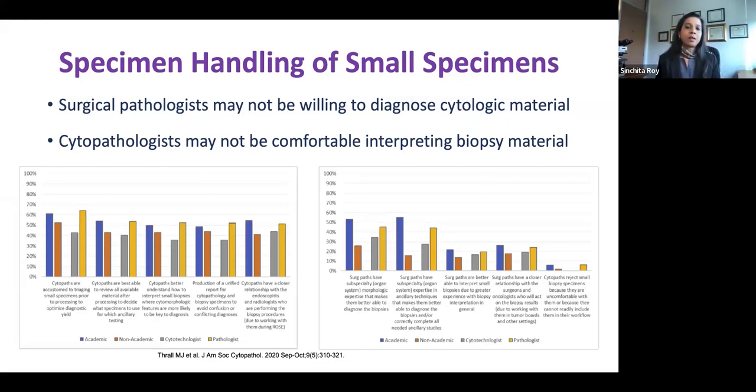The argument is that cytopathologists are used to looking at small material. They're the ones who will be willing to look at the smears. Surgical pathologists may not be willing to look at the smears. They'll only look at the block, like the FFPE block, the fine needle biopsy, or the core biopsy, and they will ignore the smears. If all of the diagnostic material is on the smears, it might get missed.